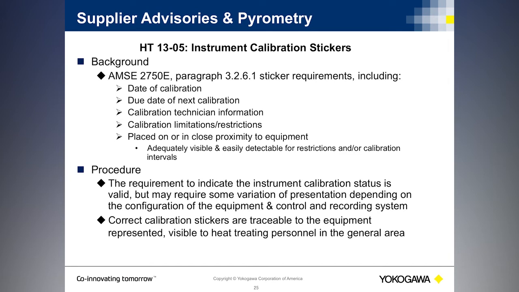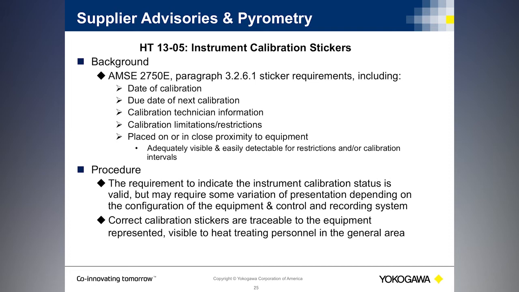HT 1305 deals with calibration stickers. This advisory came out because of this day and age: you may have control panels with several different types of controllers on a panel, or a PLC type system that may be running several pieces of equipment.